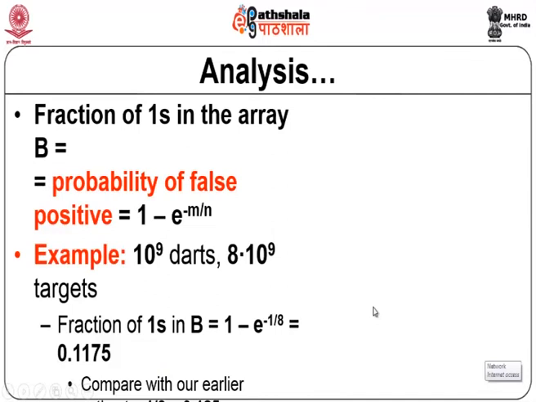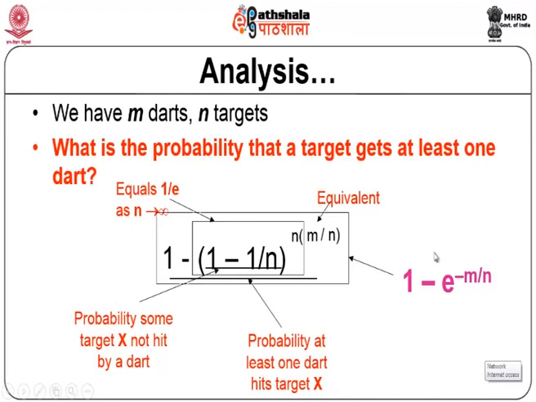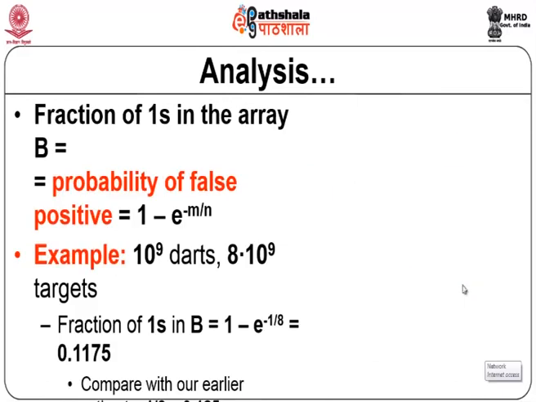The fraction of ones in the binary array B will be equal to the probability of false positive, which is the same as this probability 1 minus e to the power of minus m divided by n when n tends to infinity. For example, you have 10 to the power of 9 darts.